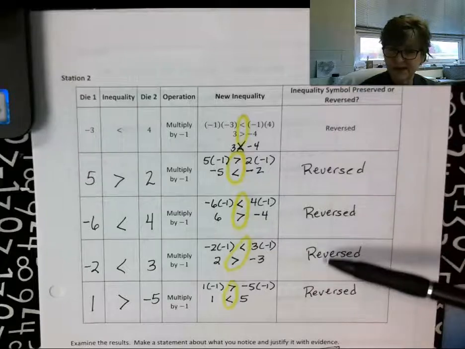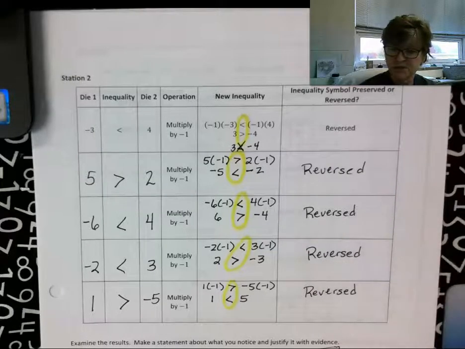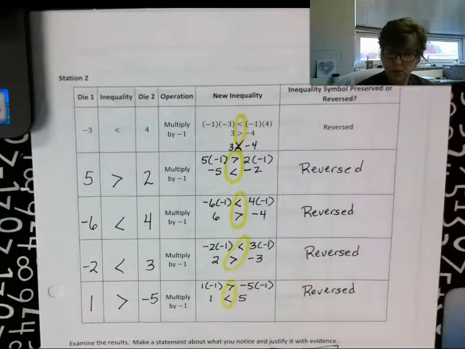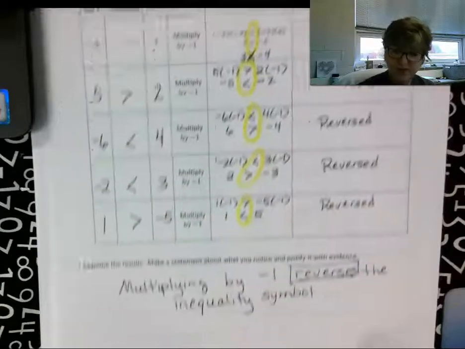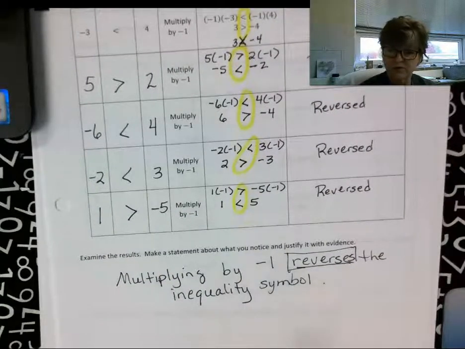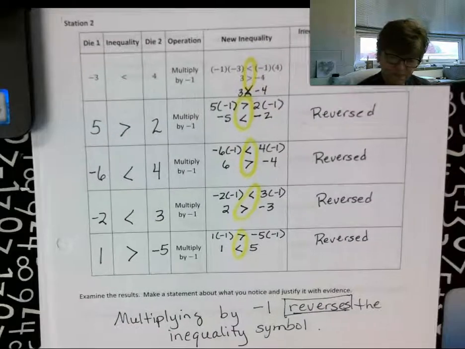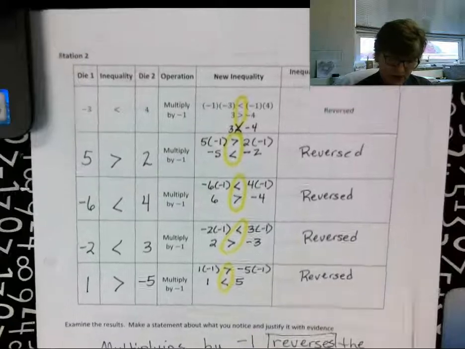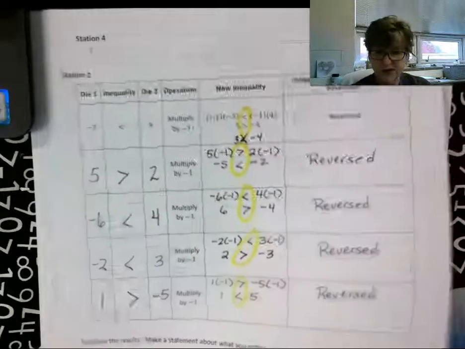Every time, take a second and compare yours to mine. And what did you come up with as a statement that this evidence is supporting? Did you find that when you multiply by a -1, it reverses the inequality symbol? If not, that's definitely what we are looking for. And then let's continue on to the next one.